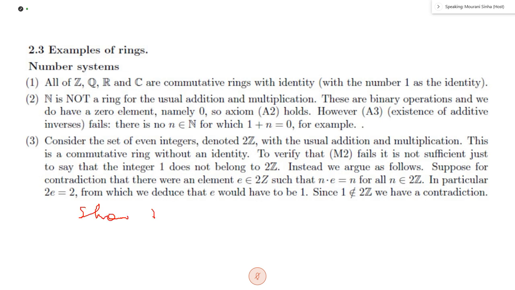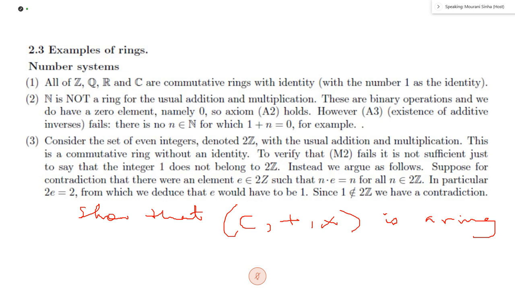Show that C plus multiplication is a ring. And then you tell me if it is a commutative ring or if there is identity also.